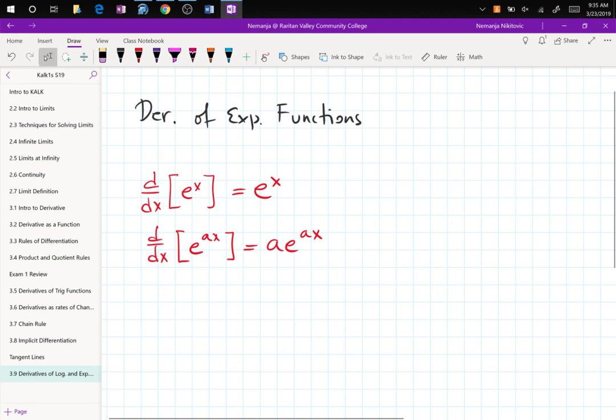And you also know, because you learned chain rule last class, that the derivative of e to the f of x, which is a function of some sort, is going to be e to the f of x times f prime of x.